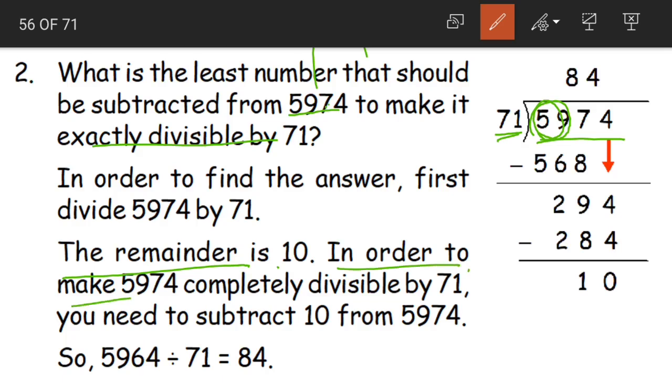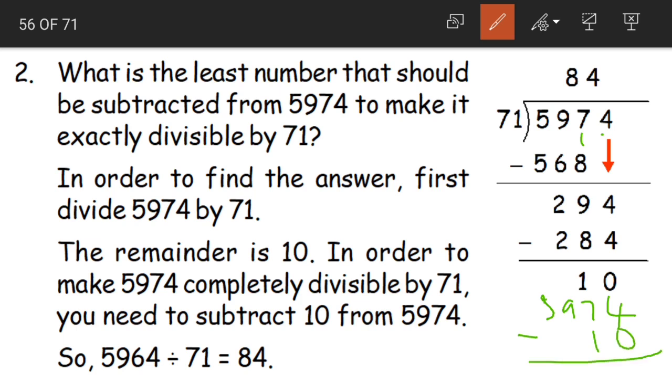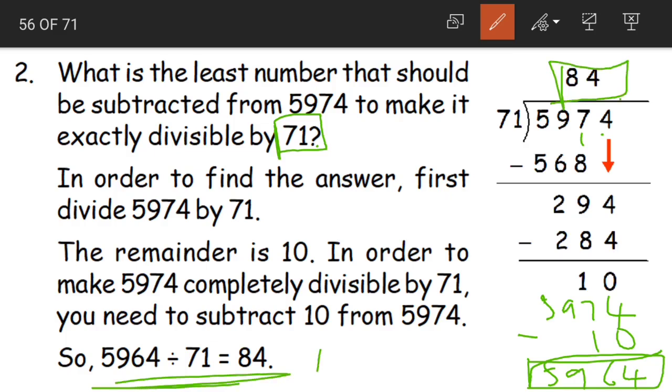See, in order to make 5974 completely divisible by 71, you need to subtract 10 from 5974. So when we subtract 10 from 5974, what will be left? 5964. So when this 5964 is divided by our 71, we'll get 84 as our quotient, and then the remainder will be 0. Clear, children?